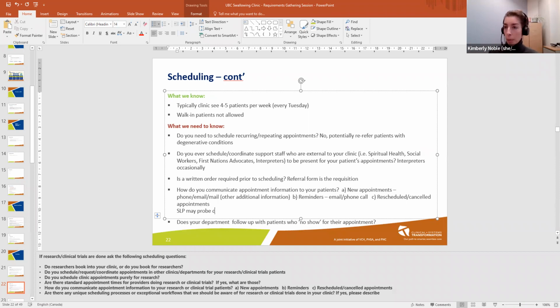It is a bit of both. SLPs do a little bit sometimes. But Cheryl will always do the follow-up. So if it's confirmed a day and time, the follow-up is still happening by Cheryl. Correct. And is that the same for rescheduled or cancelled appointments? They'll be communicated through phone. And potentially email? Yes.